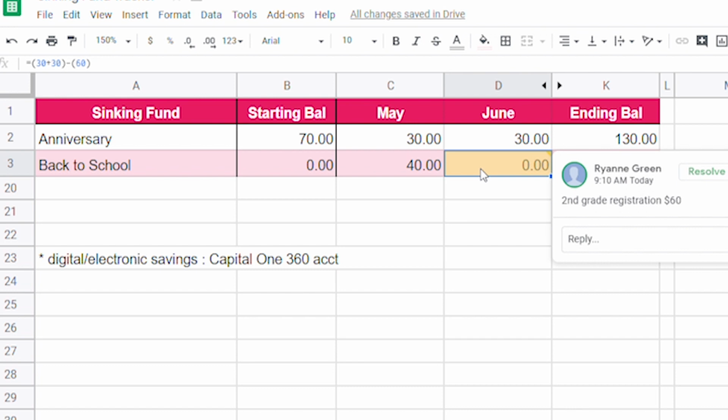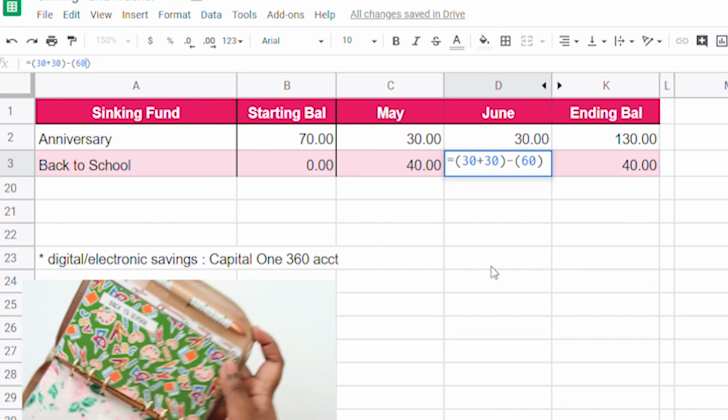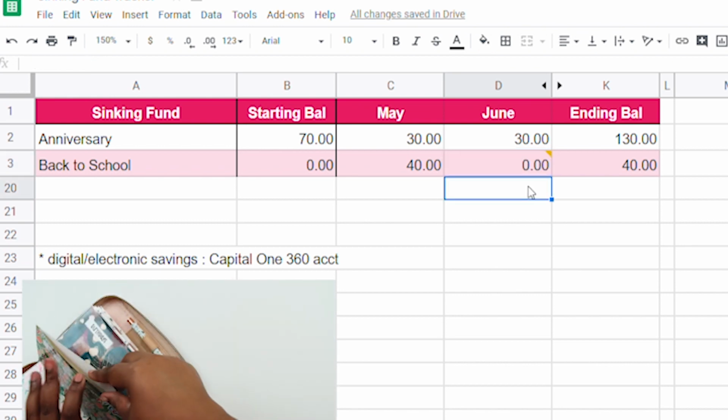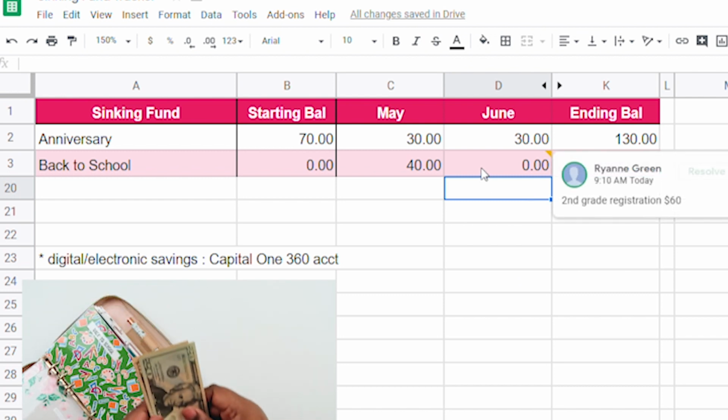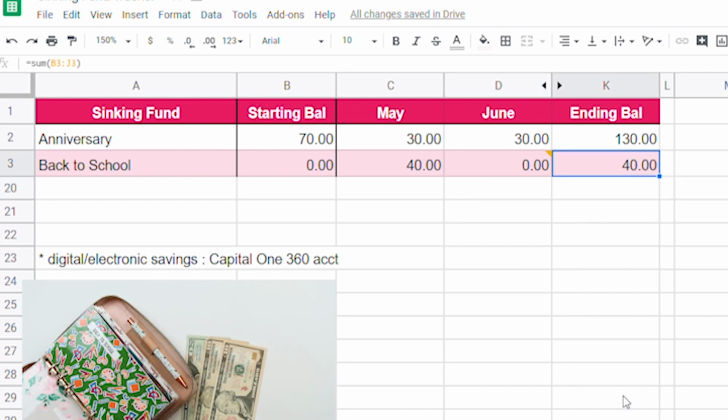The first paycheck I did 30, the second paycheck I did 30. But then you can see it's a minus 60, because I actually registered him for school and it was $60. So even though I put in 60, I ended up taking out exactly 60. It looks like there was no activity in June because it netted to $0. So my ending balance is the $40.